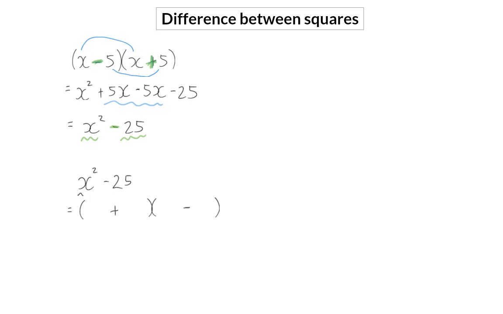Then we're going to take the first term's square root and place that in each bracket, and also take the second term's square root and place that in each bracket. This type of factorization is called difference between squares because the expression has to have a minus in it, difference, and both these terms are perfect squares.